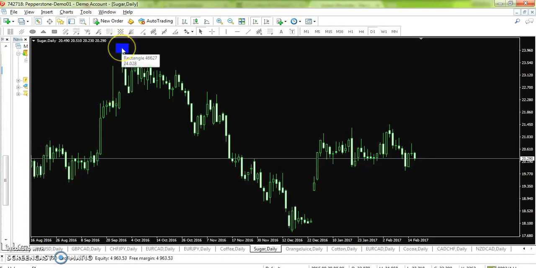But from here the candles started going down. After this high, there is about a 3-day sell trend: 1 day, second day, and third day.